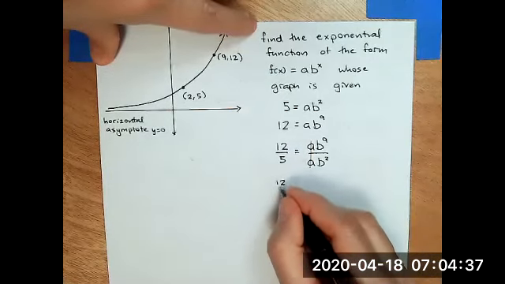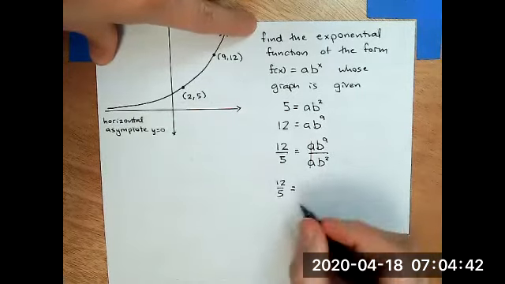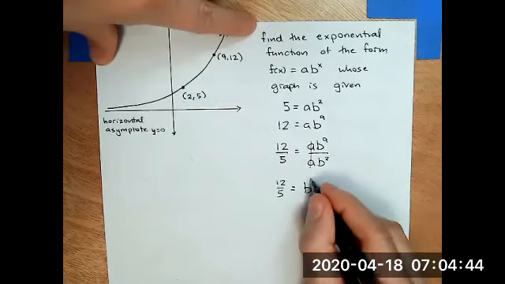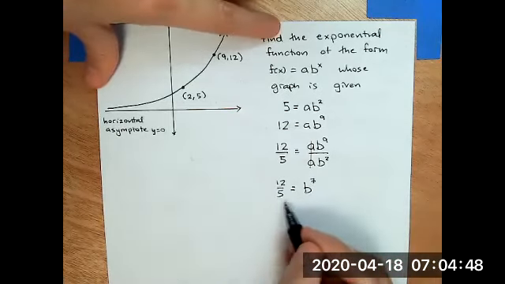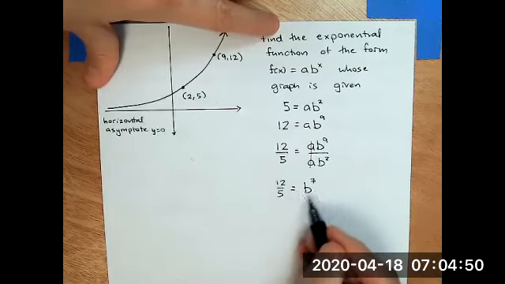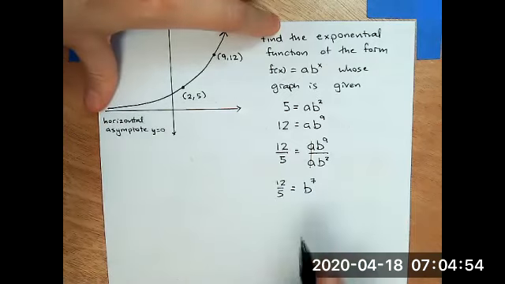I get 12 over 5. Using the rules of exponents, I get b to the 7. I don't need to use logarithms for this because the exponent is known. I can simply take the 7th root of both sides.